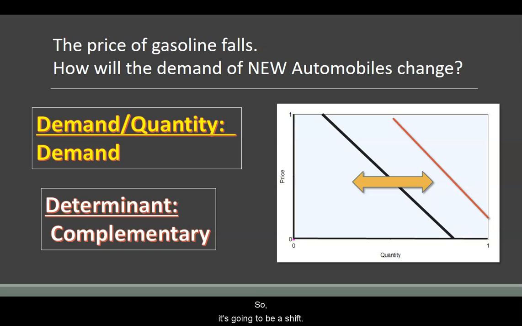So it's going to be a shift. That tells me right here on my first little block, it's going to be a change in demand, not quantity demanded. If gas is cheaper, people are going to be more willing to buy cars. The determinant is that they're complementary goods. That's the reason why this changed, because the relationship between gas and cars is complementary.